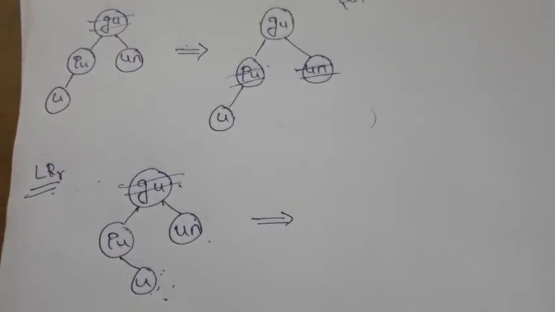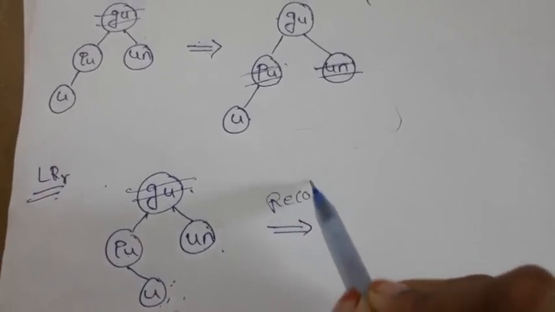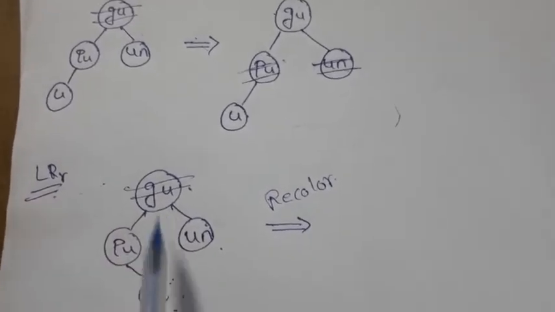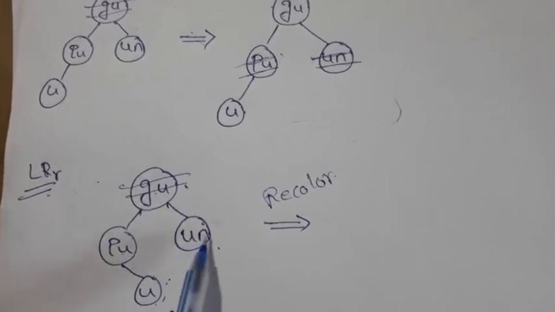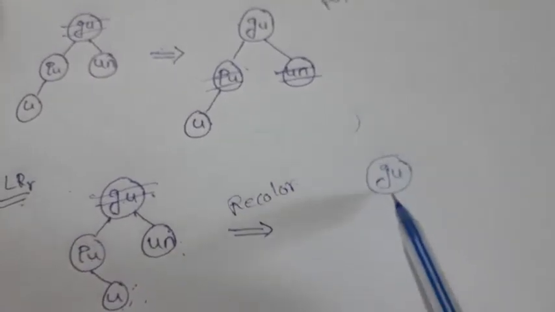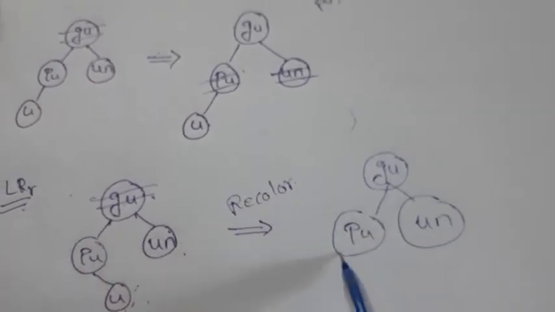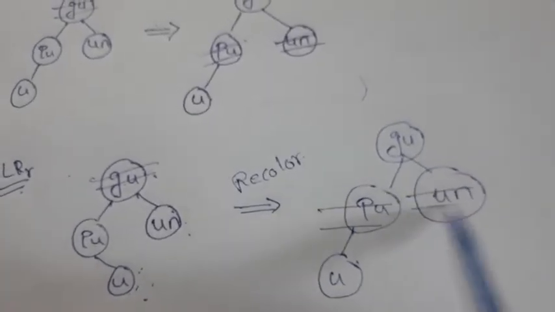So in this condition it falls under the condition of LRR, so I have to apply the recoloring technique. So how will I recolor? I have to change the GU color to red and PU and UN to black. It means GU to red, PU to black and UN to black.